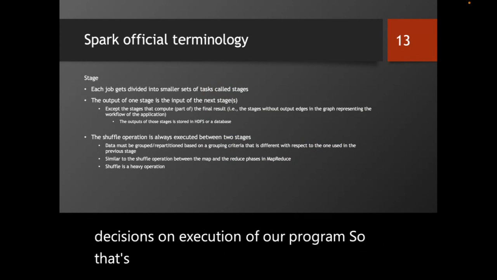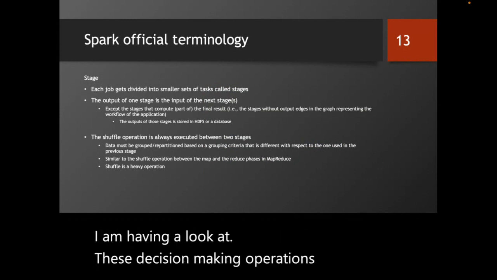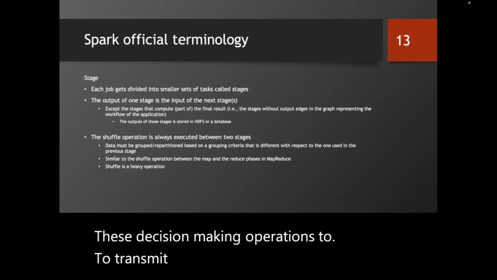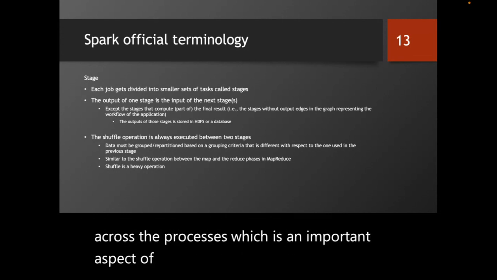The other thing is having a look at the decision-making operations to transmit the data and let the data be shared across the processes, which is an important aspect of Spark programs. So those are the two things missing.